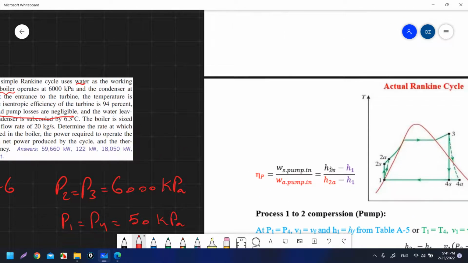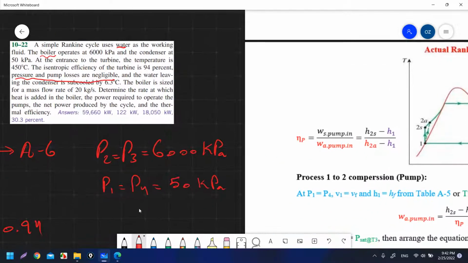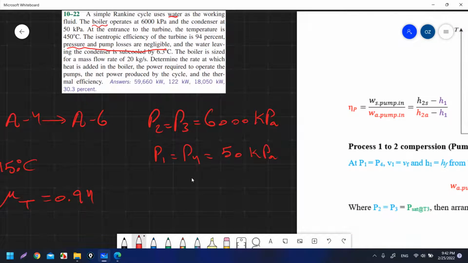So we are only looking for the irreversibilities in the actual cycle, that is, if it is not isentropic compression or expansion in the pump and the turbine. That is the only thing that we are looking for.